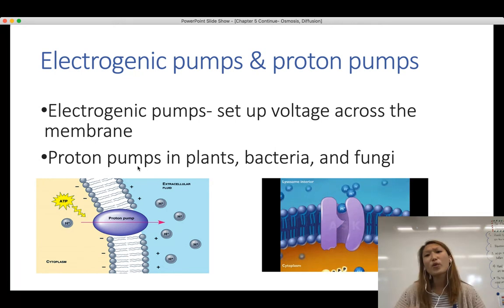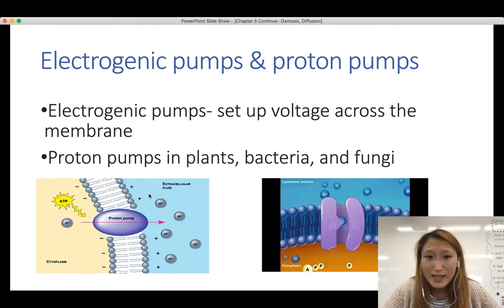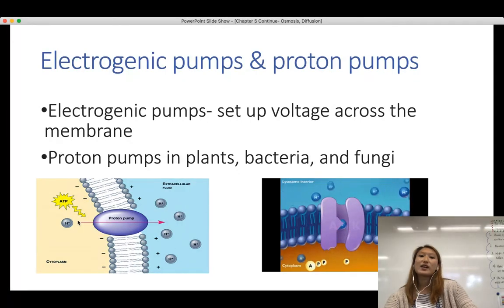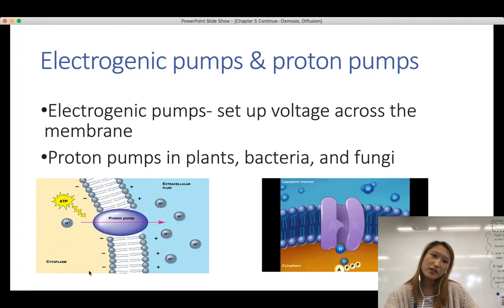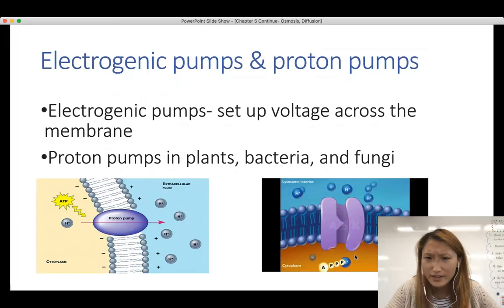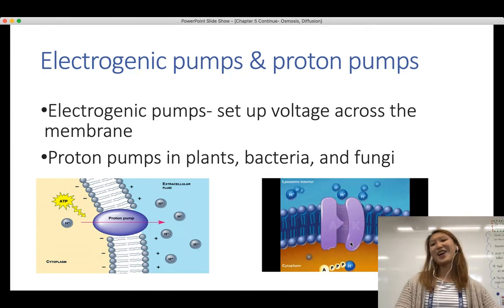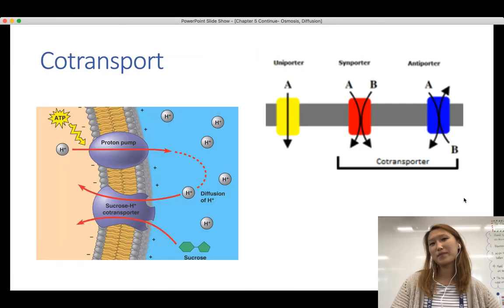Okay, so this one is, again, an electrogenic pump because it's not only setting up a concentration gradient, it's also setting up an electrical gradient, because if you're pumping a lot of the hydrogen ions out of the cell, you will set up a positive charge on the outside of the cell compared to the inside of the cell, right? So in turn, you will have a net negative charge on the inside of the cell. Okay, so if you look at this little GIF over here, you can see the hydrogen is being pumped outside.